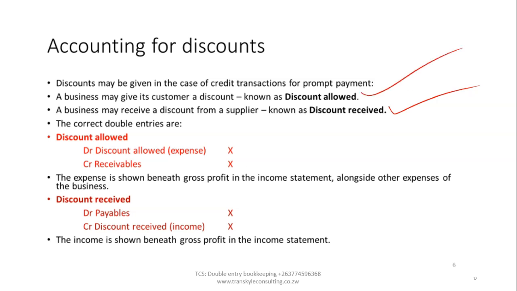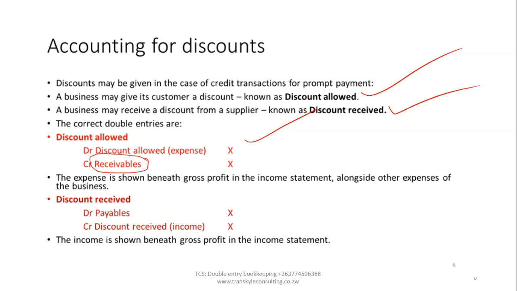So the correct double entry for a discount allowed: this is an expense, so we debit expense and credit what? Remember, when we are talking of discount allowed, this is a discount that has been given to credit customers. Credit customers are also called receivables.